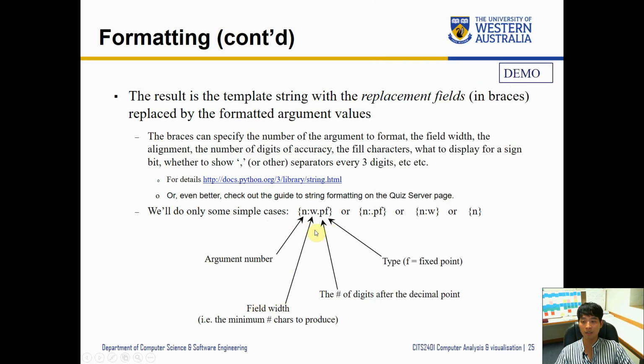The next item is the number of digits after the decimal point. So the .f is how you put it together. So .pf is how you specify the decimal point. So although this is 2 separate informations, the f has to come with it to say that this is a fixed point, right?